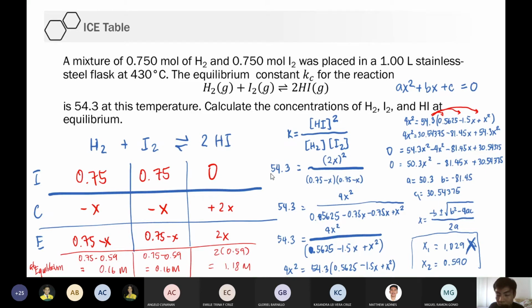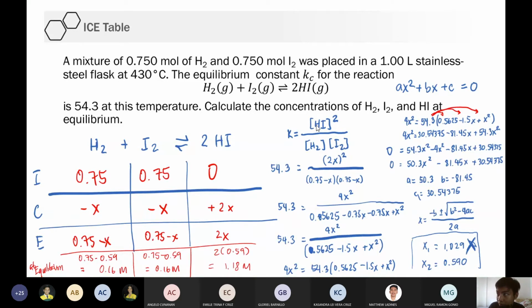Okay, so yun. Again, pag dalawa yung x value mo, 3 or 4, so on, so forth, gagawin mo is, piliin mo yung positive x value and kung parehas yung positive, piliin mo yung x value less than the initial concentration. One way to check if tama yung sagot natin, i-plug in mo yung equilibrium concentration sa K expression.